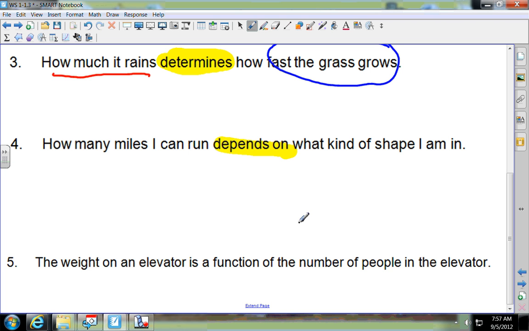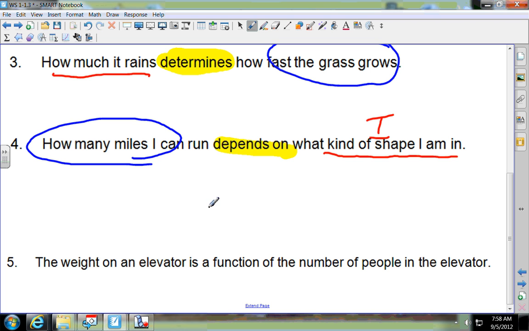Okay? I am not in shape. The first thing that happens is what kind of shape I'm in. That's your independent. As a result of what shape you're in, that helps determine how many miles you can run. Doesn't mean you like to run them. Oh, that's just me. I don't like to run. Other people love it. That's the dependent.